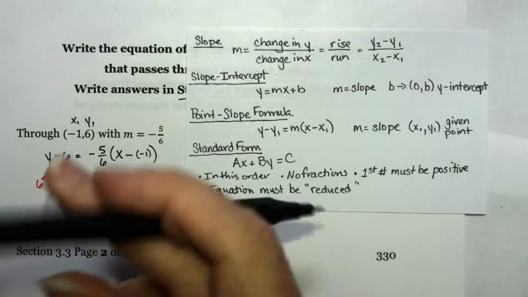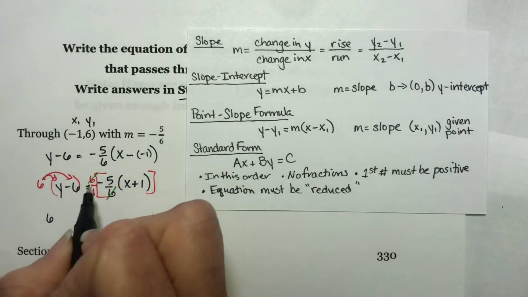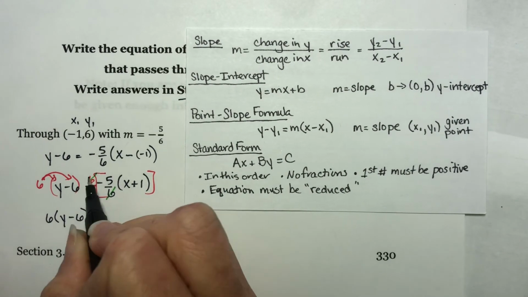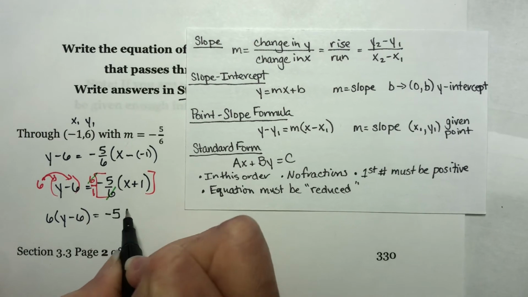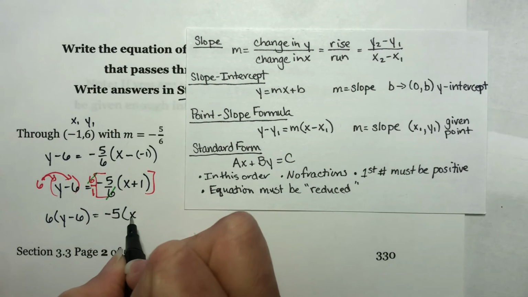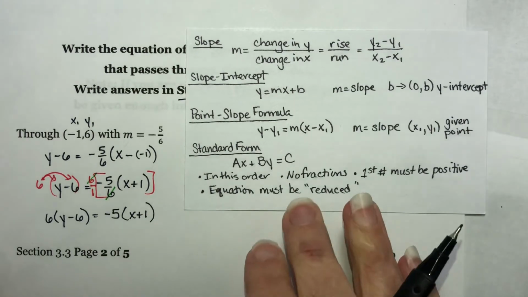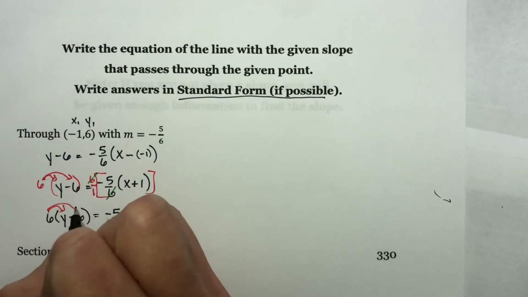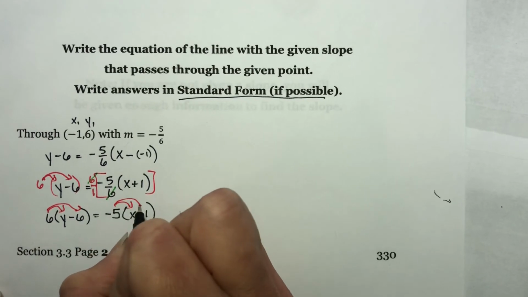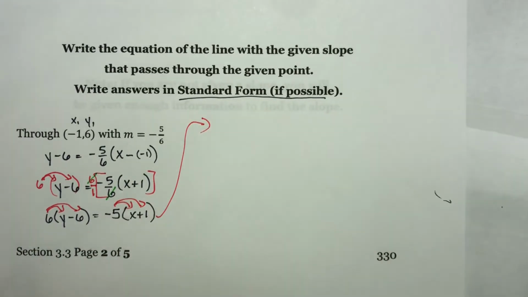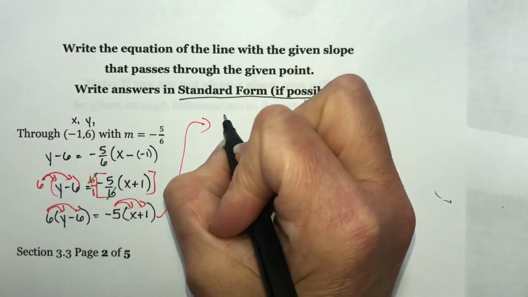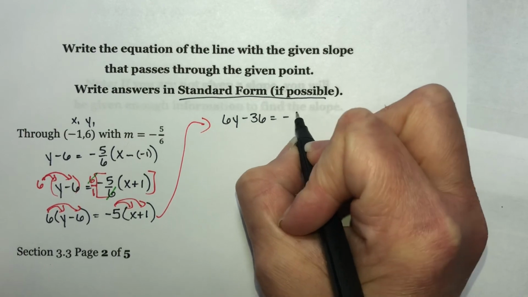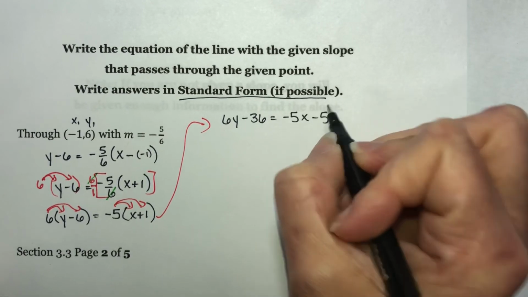And what I end up with is, I'm going to distribute, but just to make it clear, that 6 canceled with that one, so now I need to distribute the -5 that is left over here. Okay, so let's go ahead and distribute on both of these. That gives me 6y minus 36 is equal to -5x minus 5.